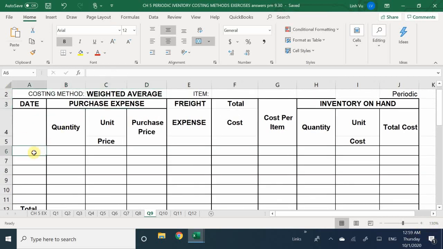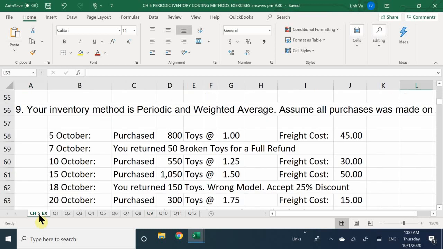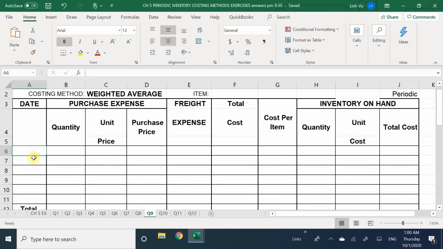So we have October 5th for the 800 items. October 5th, 800 items at $1 with freight being $45.